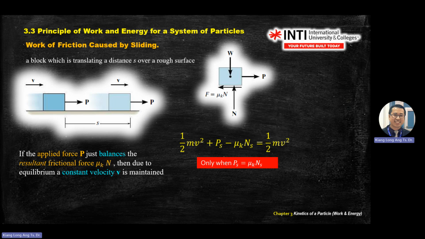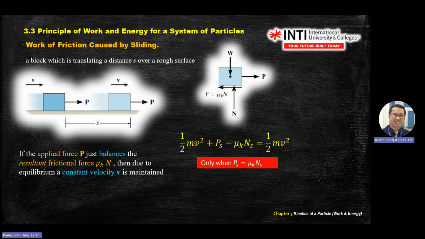What does it mean? It means if the question mentions the object moves at a constant velocity since the beginning, then this applies. You write the whole equation, you can cancel, the other side becomes 0 already, kinetic energy same. Then you equate and find the unknown.